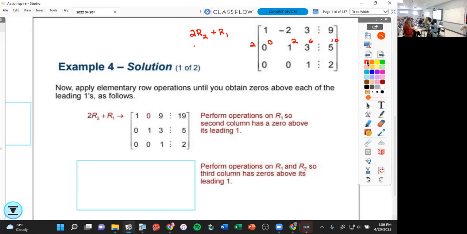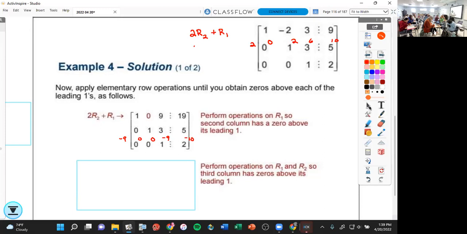Yes, sir. Multiply by 9? That would give me 18. Okay, so if I multiply this by -9, that would be 0, 0, -9, -18. And if I combine those, I have a 1, I have a 0, then I have a 0, and I have a 1. 19 minus 10.